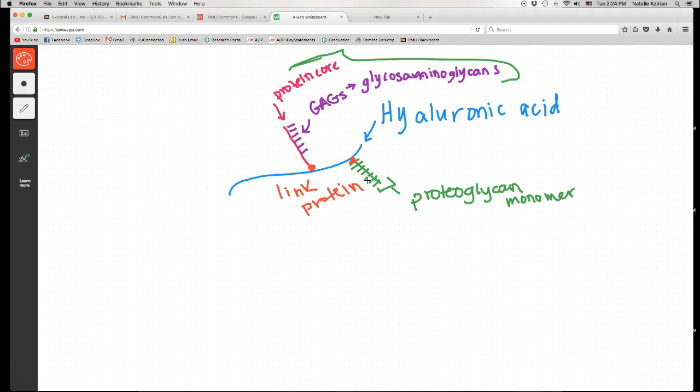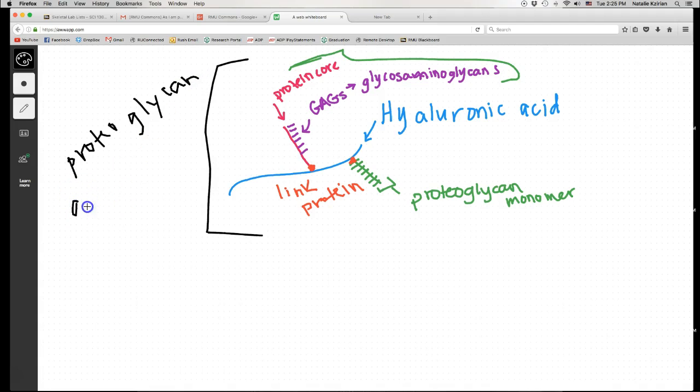Okay, so with all of that put together, we get a lot more pieces, but that is what creates this entire structure, which would be our proteoglycan aggregate. Sorry for the sloppy, archaic looking writing, but anyway.